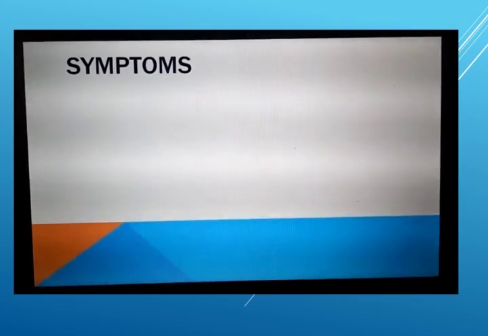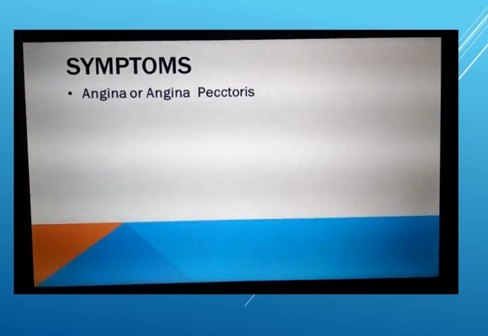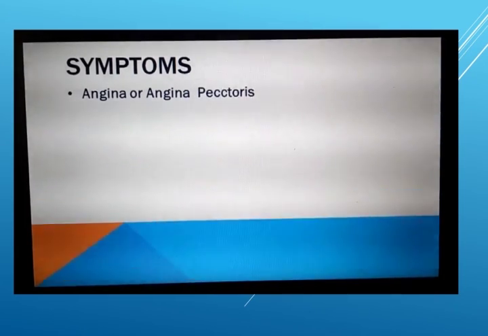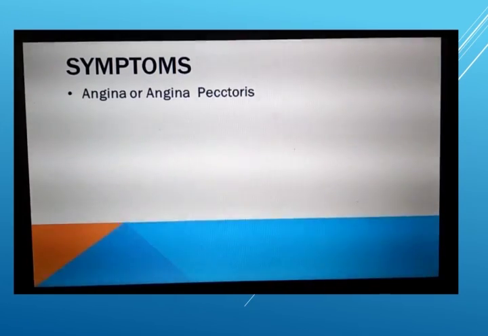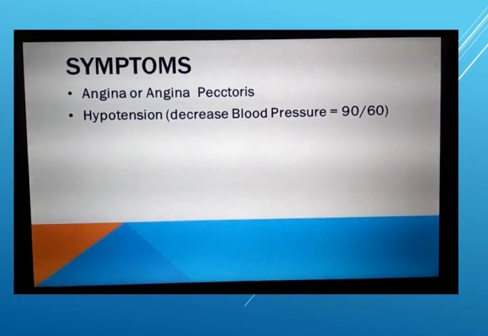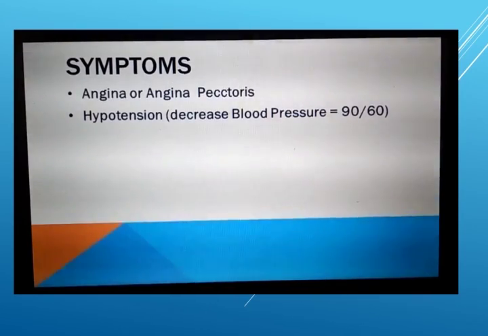Now, let's go to the symptoms of anemia. People experiencing anemia may experience angina or angina pectoris, hypotension or decreased blood pressure, having a 90/60 blood pressure.